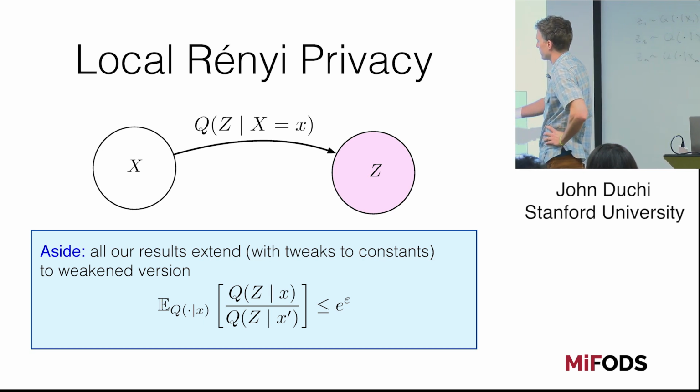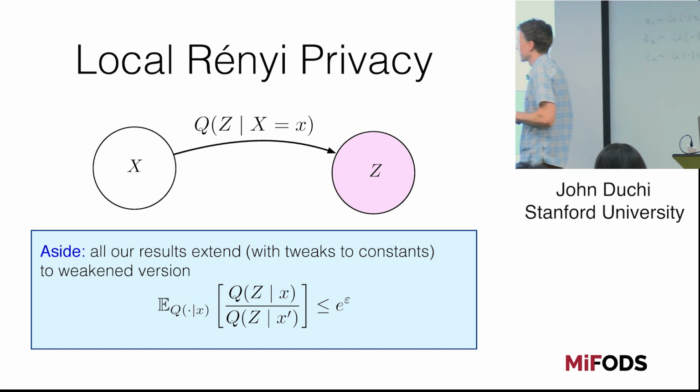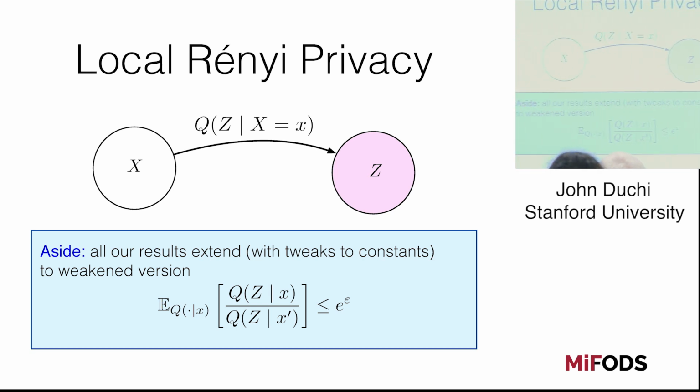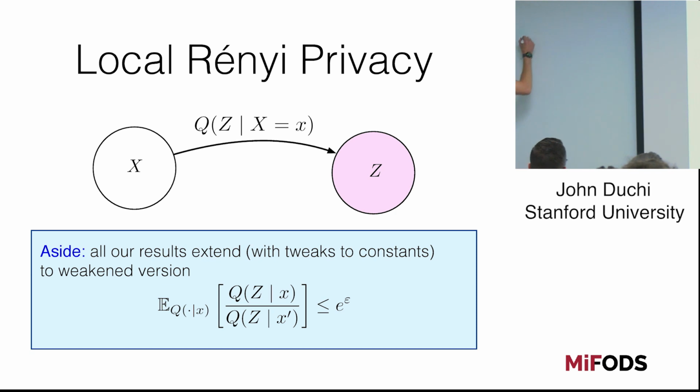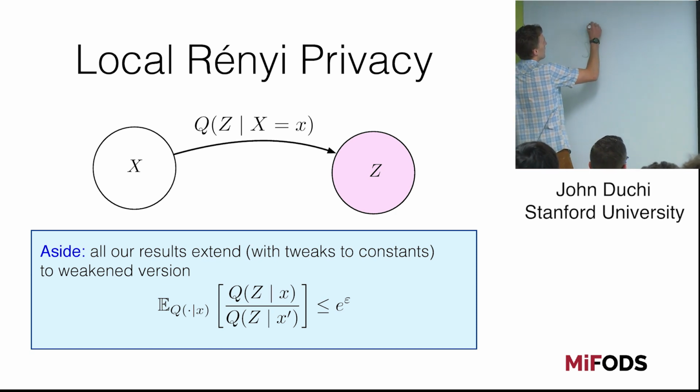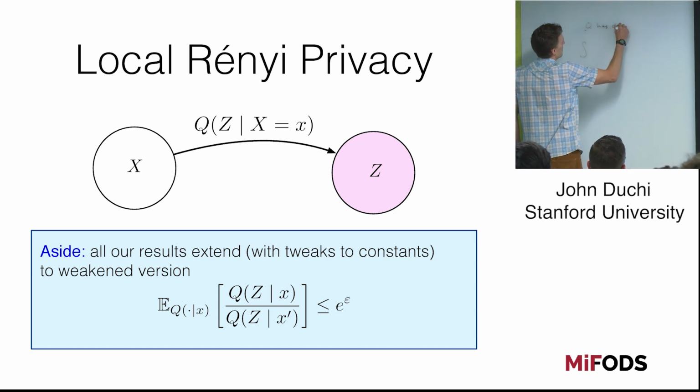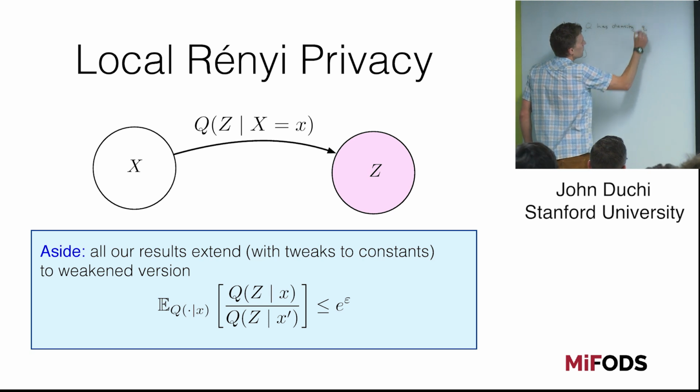What does this mean? Let's say that Q has density little q.